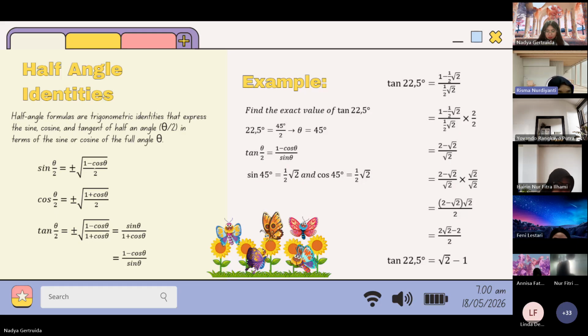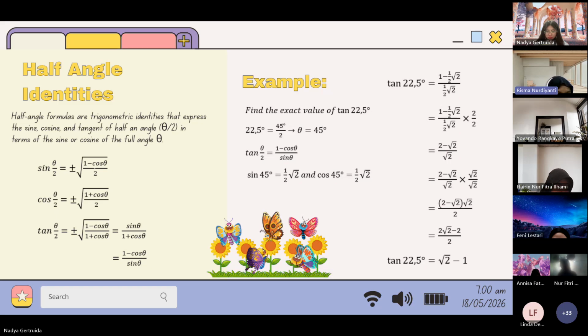First, sine theta over 2 equals plus or minus the square root of 1 minus cosine theta over 2. Second, cosine theta over 2 equals plus or minus the square root of 1 plus cosine theta over 2.